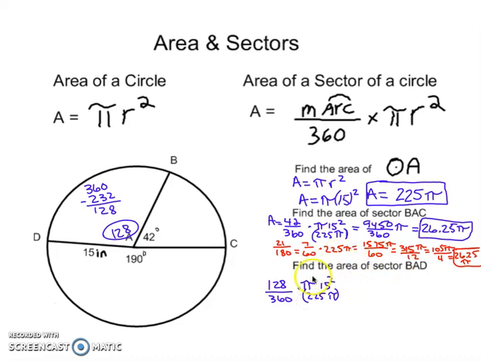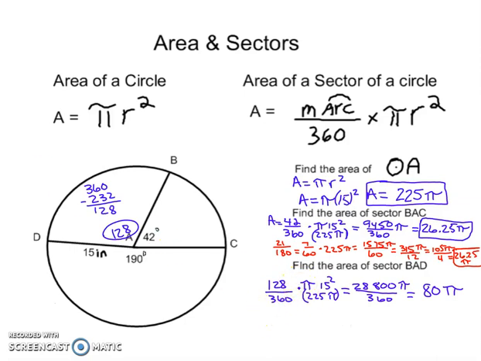And then when we plug that in, that gives us 28,800 over 360. And when we calculate, we'll leave our pi on there. And that leaves us with 80 pi.